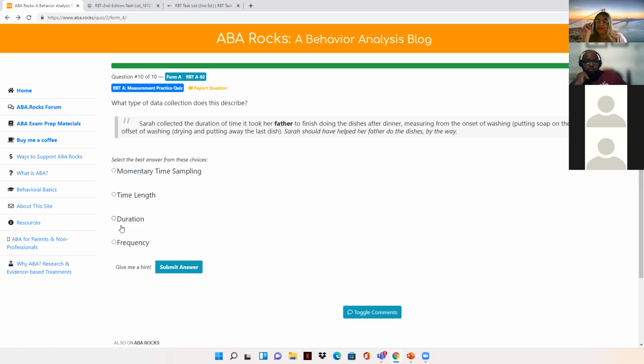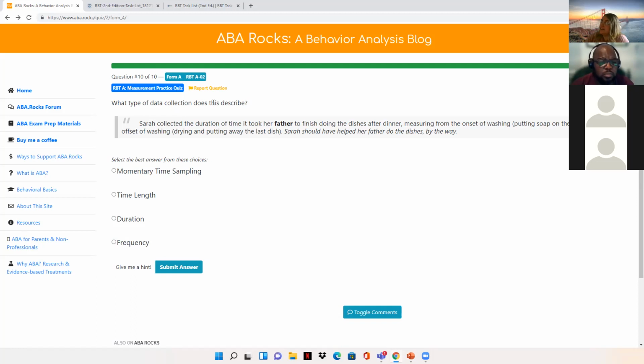Accuracy is that it correctly measures the true value. It hits it right on the dart. So whenever I think about accuracy, I think about a dart board. It's like, is it gonna hit right on the dart? Yes or no? Then that's accurate. It's 100% to the true value. That makes sense.